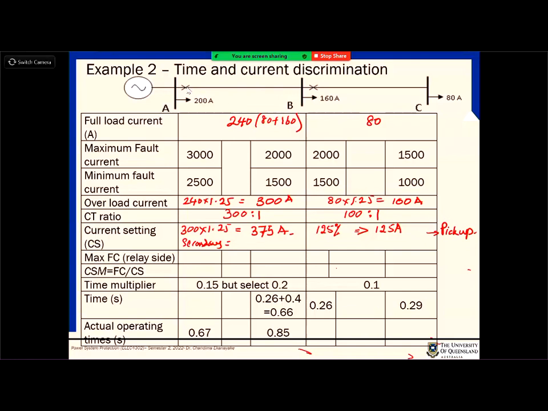How much is it? 1.25, right? And then this one again 1.25. Got it? So both relays you can set with the same current settings.